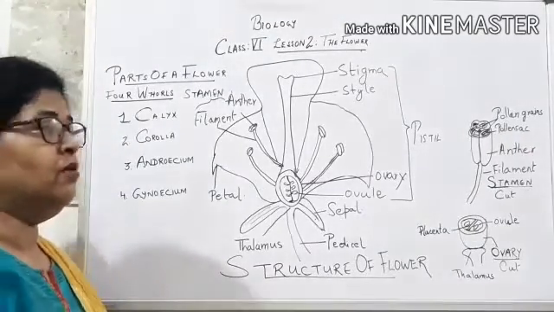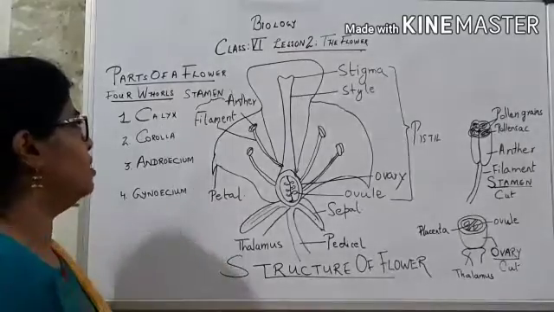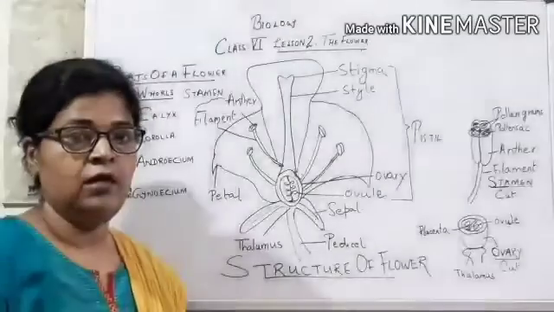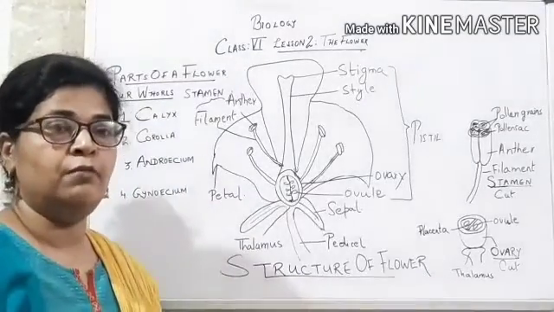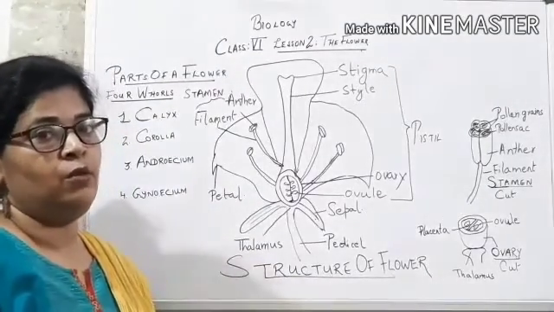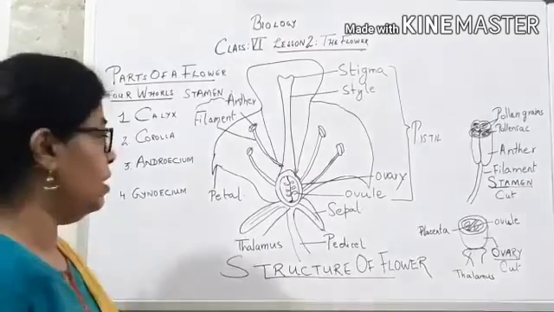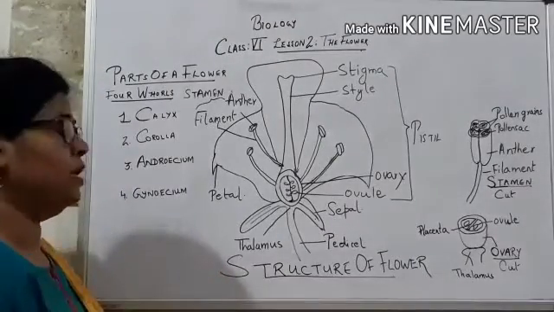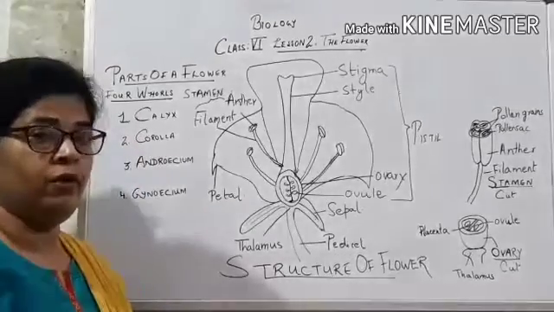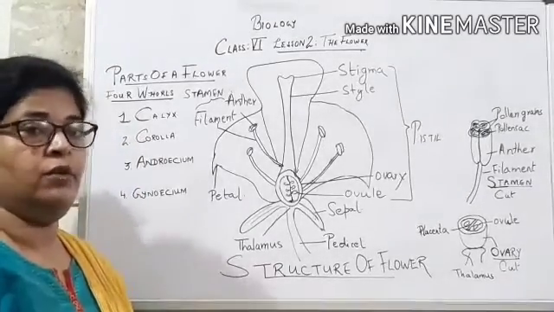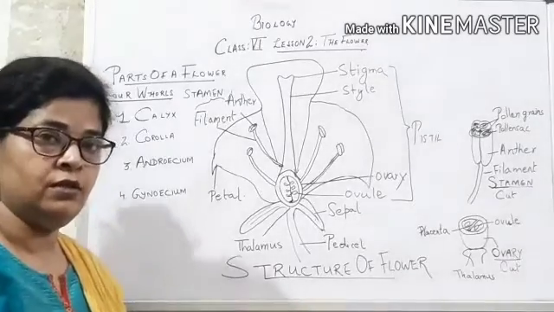The same way, a flower also has 2 accessory whorls, calyx and corolla, as they are not directly involved in the process of reproduction but help in this process. The other 2 whorls, androecium and gynoecium, are the essential whorls. They are directly involved in reproduction.